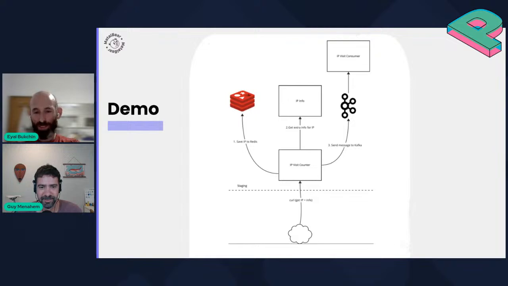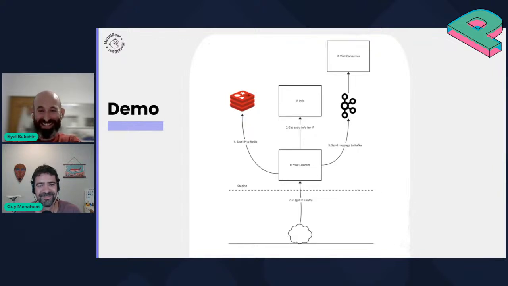Okay, so before we get to the actual demo, I've set up a test cluster on Kubernetes. It's on GCP, and this is the architecture. We have a microservice called the IP visit counter, which counts the number of times an IP has visited it. It's accessible from the internet, so you can access it as we do the demo if you must.